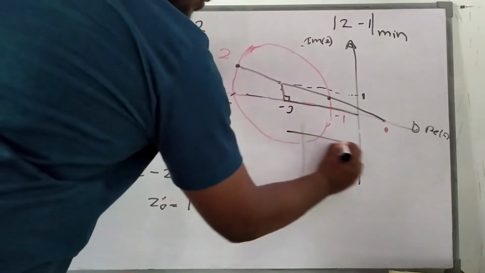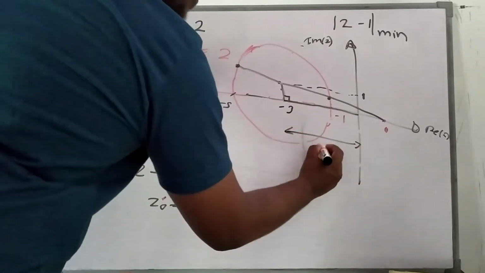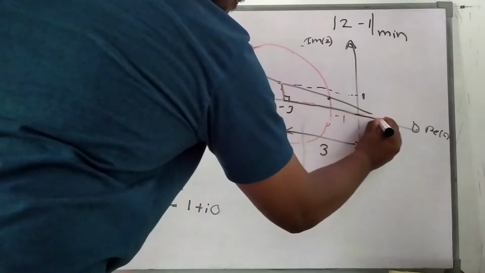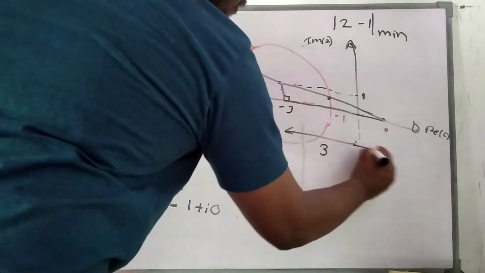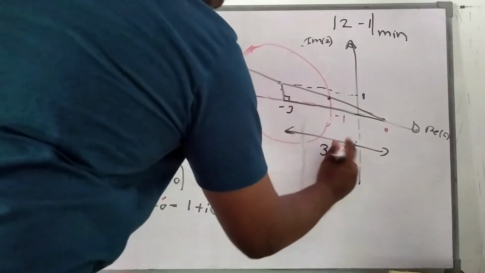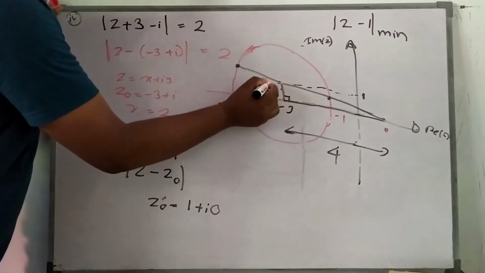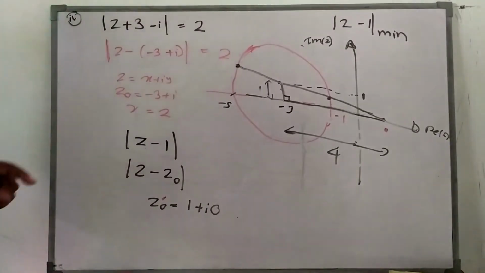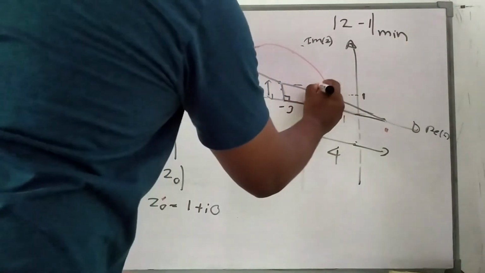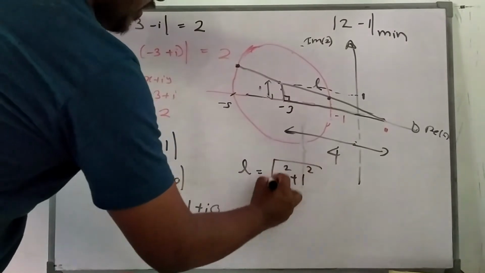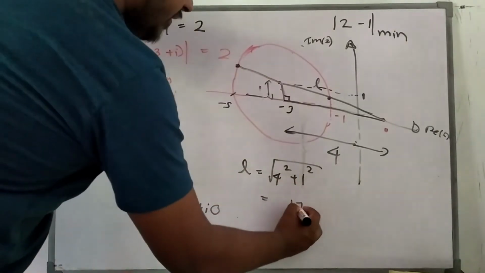Here to here, it's 4. Here to here, it's 1. And this whole thing, I assume L will be root of 4 squared plus 1 squared, root 16 plus 1, root 17.